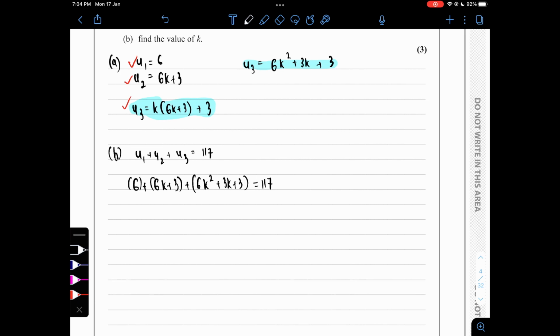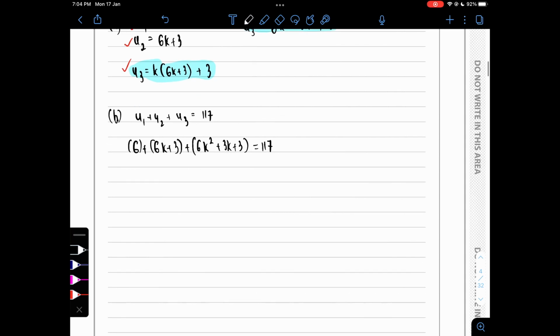Let's collect like terms. So we only have 1 k squared, so that's a 6k squared. And then how many k terms do we have? So we have 6k and 3k. So we add them, we get plus 9k. And what are we left with? So we have 6 plus 3 is 9, 9 plus 3 is 12.